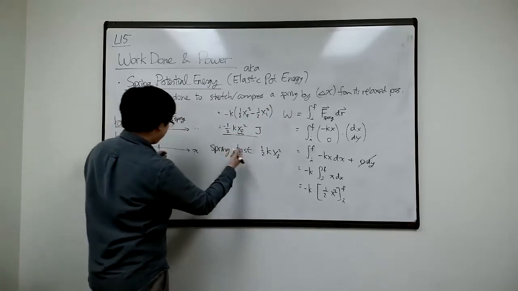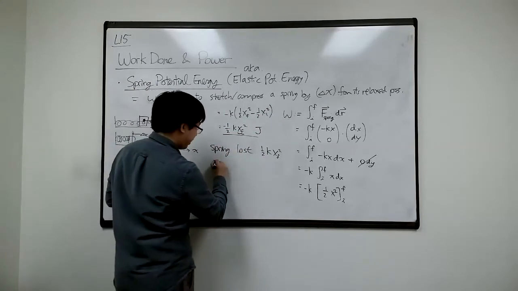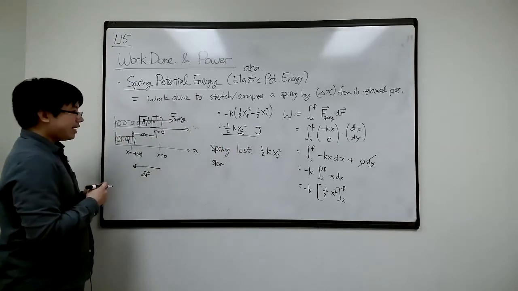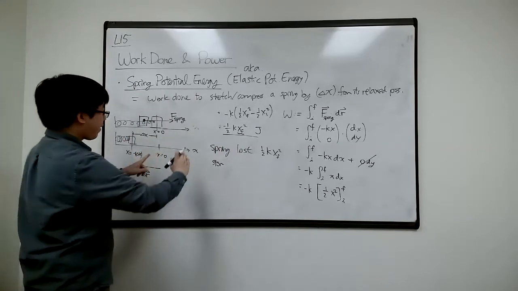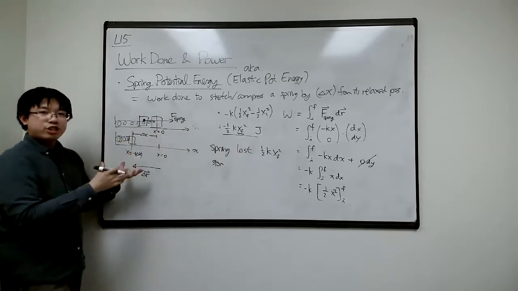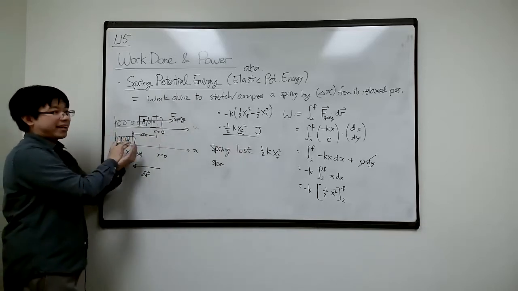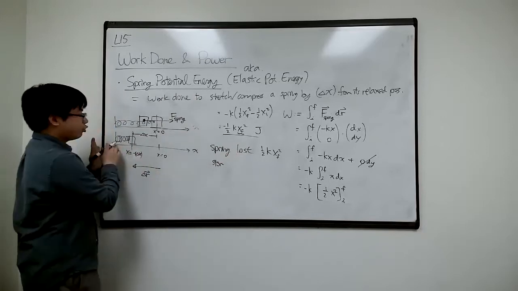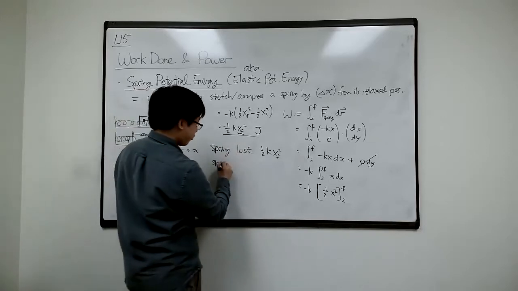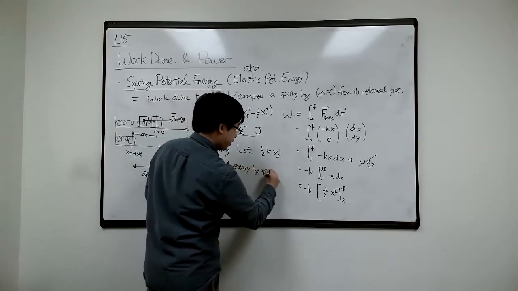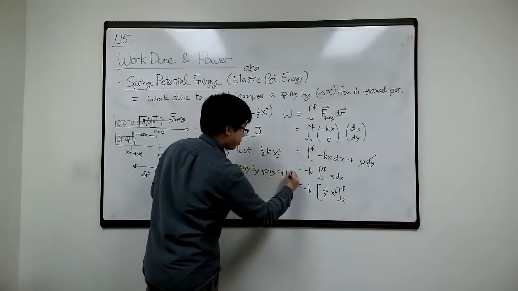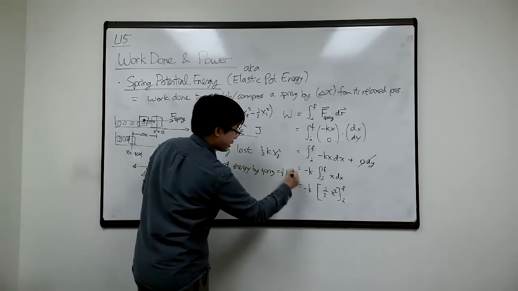So the spring lost that much energy, so in other words, you have to provide that energy to push it in. So it must store that amount of energy that later on it can use to push it back out. So the stored energy by the spring must be the same amount.